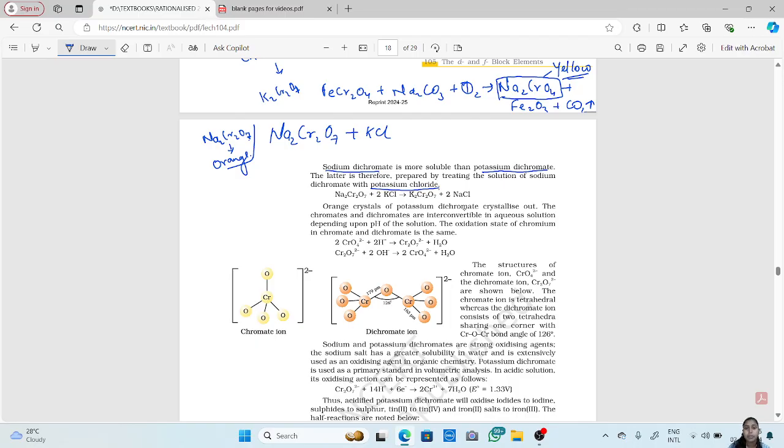As you know, Cl and Na are more related, right? So the potassium will replace sodium here. So this will become K2Cr2O7, plus Na will combine with Cl, giving you NaCl. What is NaCl? It is a salt which is readily soluble in water. Now, this is your potassium dichromate.